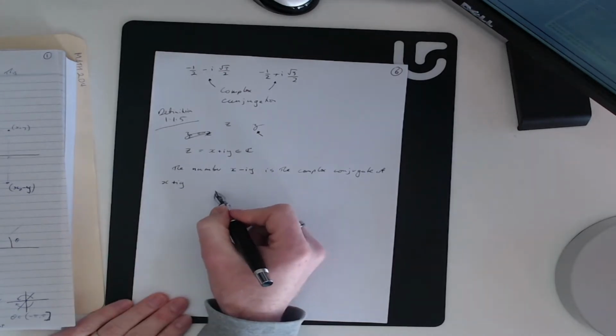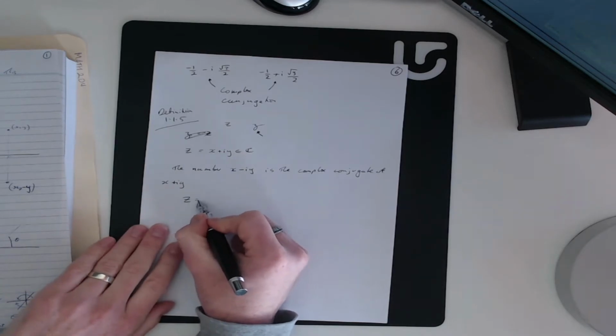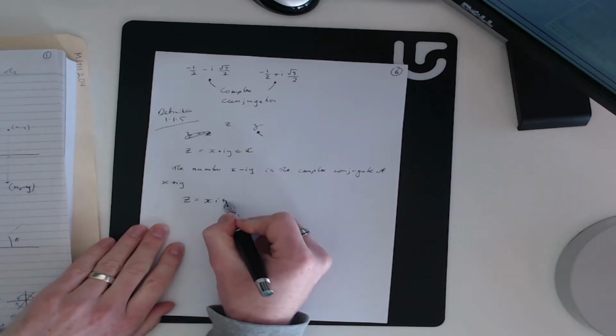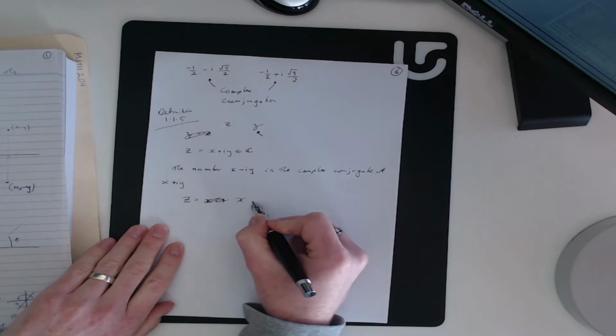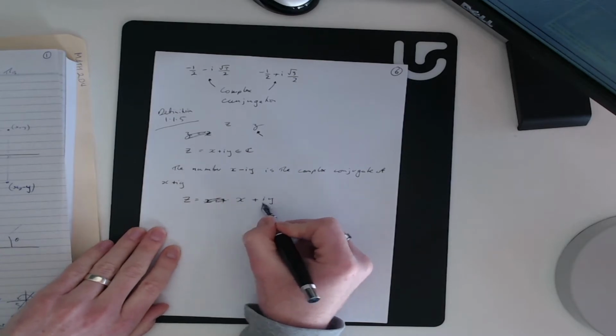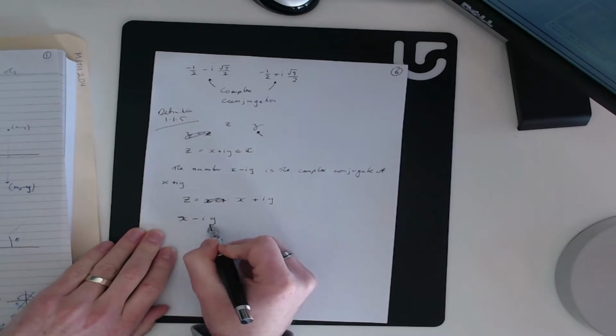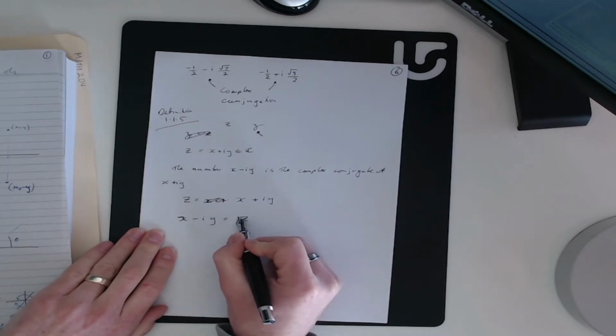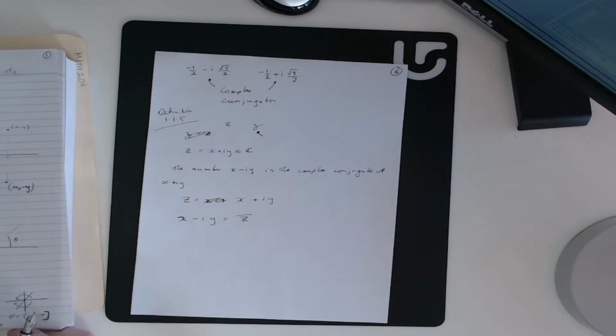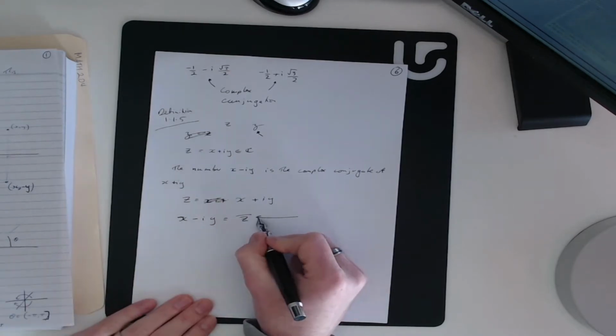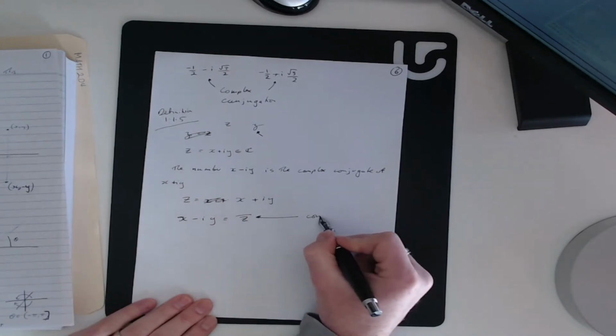If we write that z is equal to x plus iy, then the complex conjugate x minus iy is written z with a bar over the top. So that denotes conjugation.